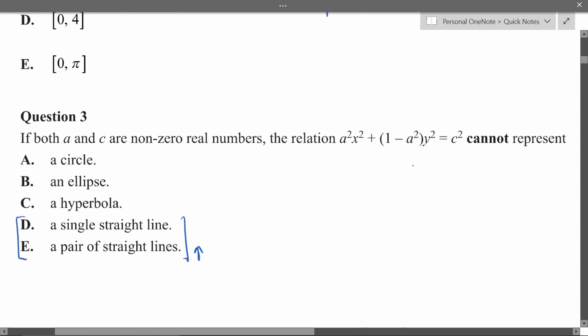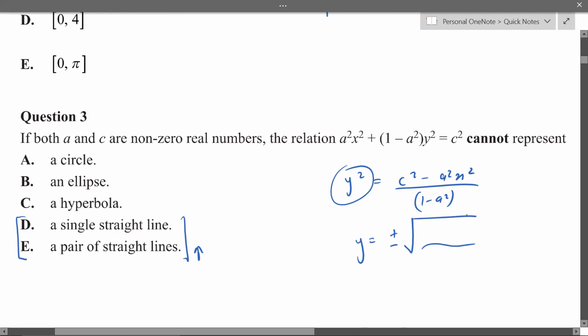So if we want to rearrange the relation, we can write this as y equals something or x equals something. But if we're checking the bottom two, you have to write it as y equals something. So you could write it as y equals c minus a squared x squared divided by 1 minus x a squared. If we're looking for lines, then we can get 2 lines, because when we square root this, we get plus or minus the square root of that.